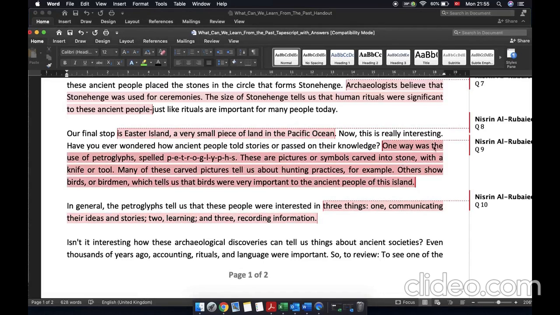So one way was the use of petroglyphs. These are pictures or symbols carved into stone with a knife or tool. Many of these carved pictures tell us about hunting practices, for example. Others show birds or birdmen, which tells us that birds were very important to the ancient people of this island.